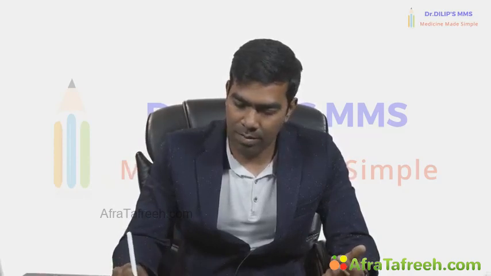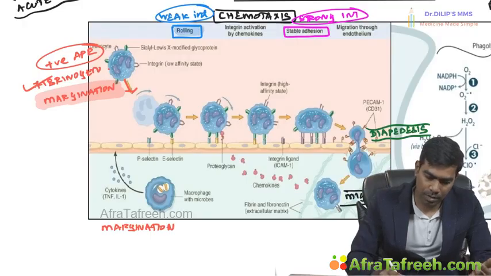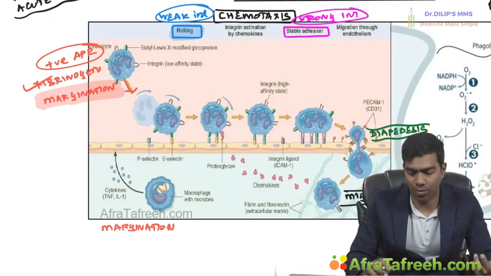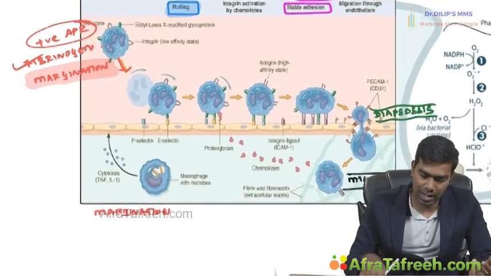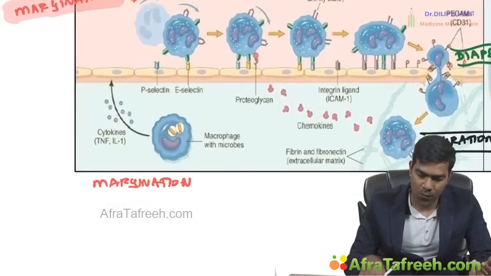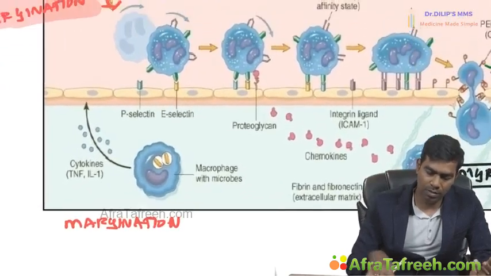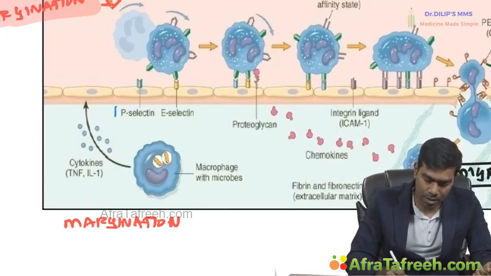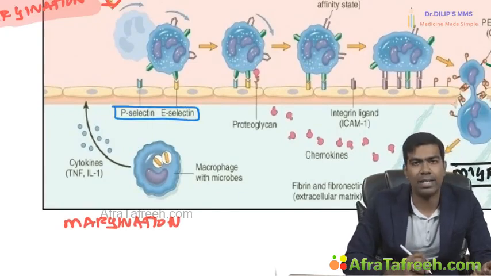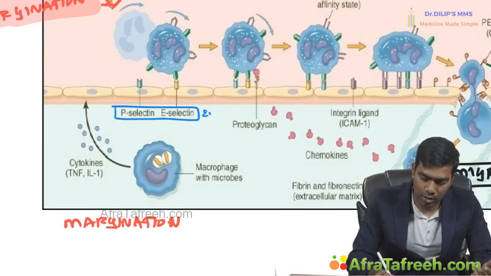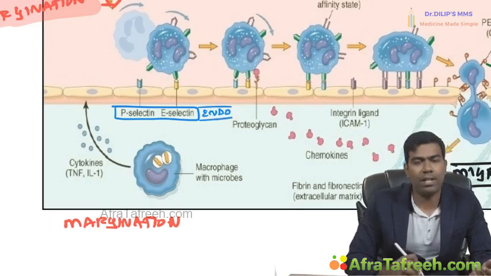After margination, the second process is rolling. Rolling, as I told you, is the weak binding or weak interaction of the neutrophils with the endothelium. What are the things that are important for rolling? The selectins, the P-selectin and the E-selectin on the endothelial side, are very, very important for rolling.